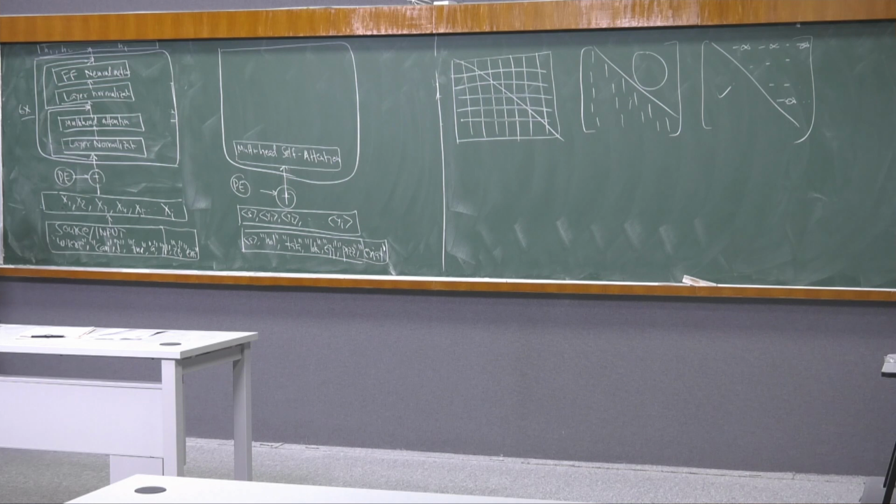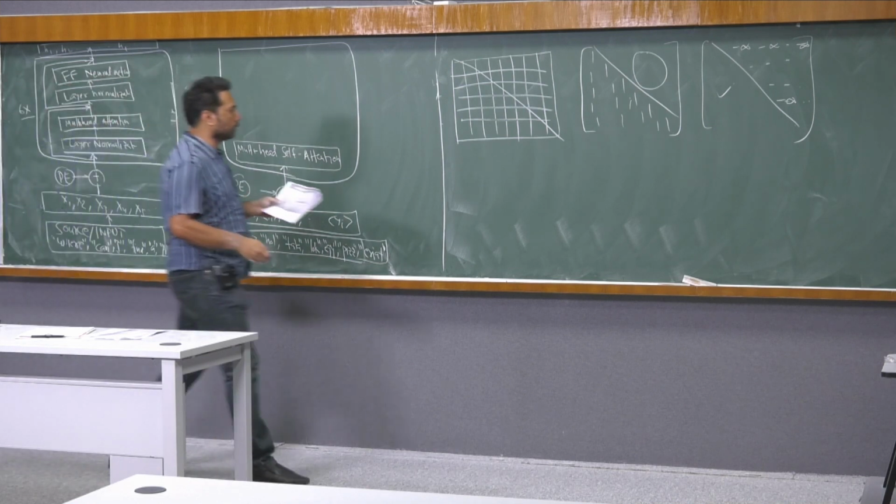When we are going to use these attention matrices, we have to make sure that we only use the lower triangular ones. Those in the upper triangular part we make so negative that they are not used at all. So this is called masking.